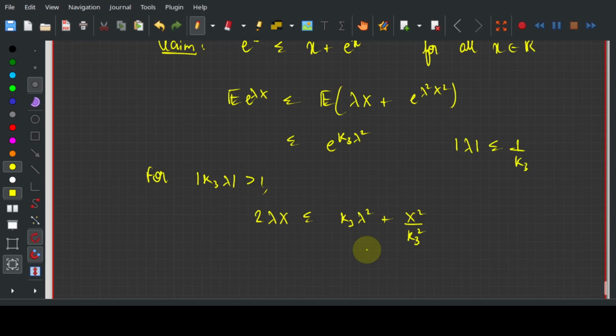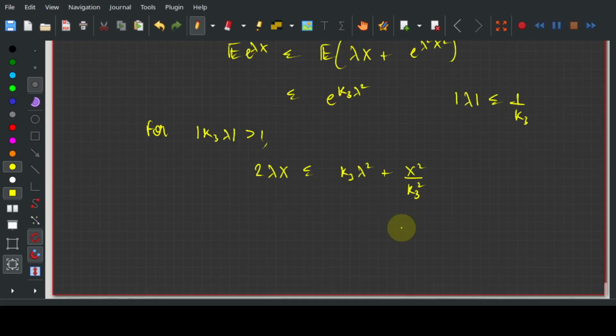This holds for any real number x and any real number lambda. Or in other words, if I take this to the right hand side, then it is simply k3 lambda minus x by k3 the whole square.